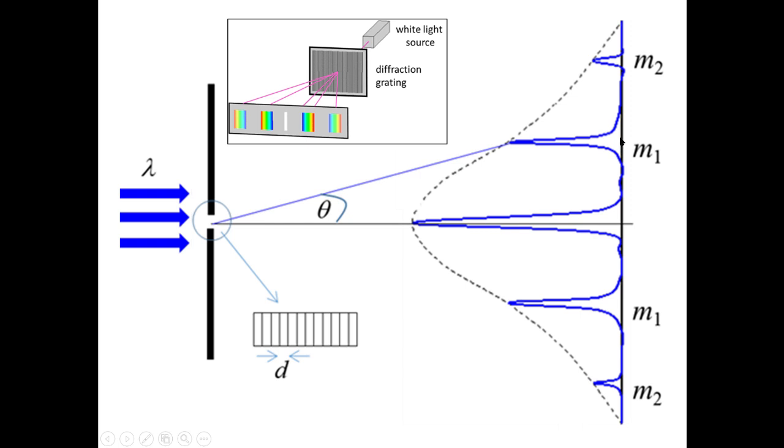This is for the principal maxima of first order, this is for the principal maxima of second order, and minima and maxima are here which are invisible because capital N is very large. So we make the light incident on the diffraction grating and we get a number of maxima on the screen.